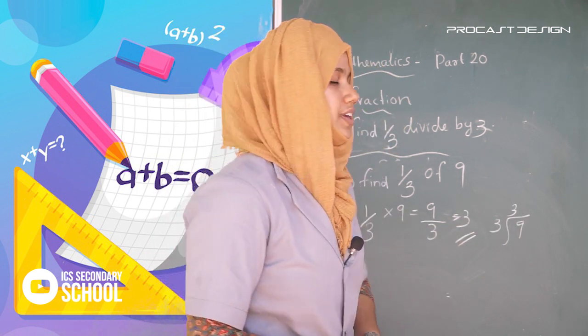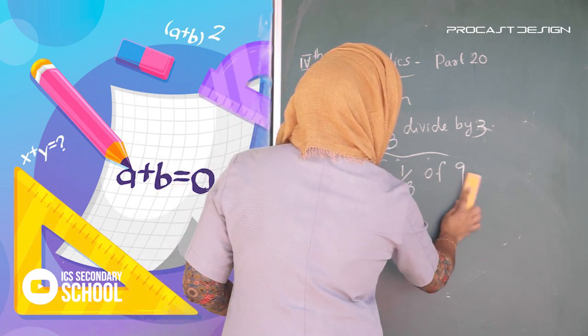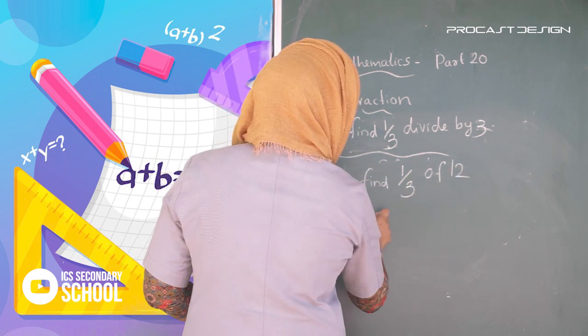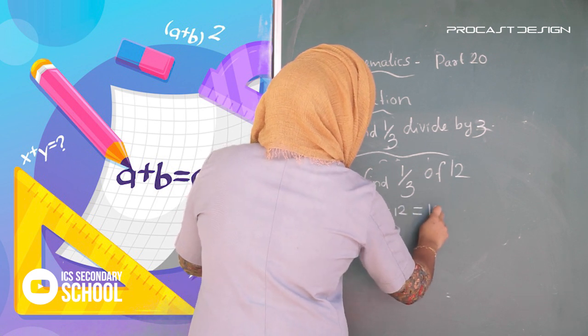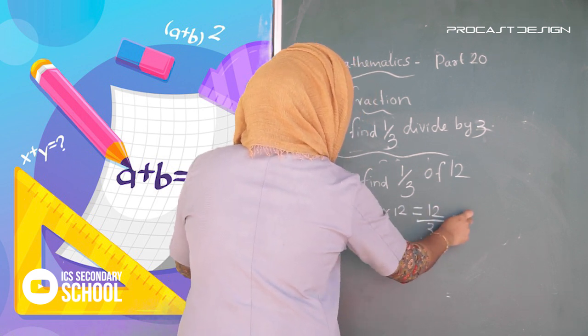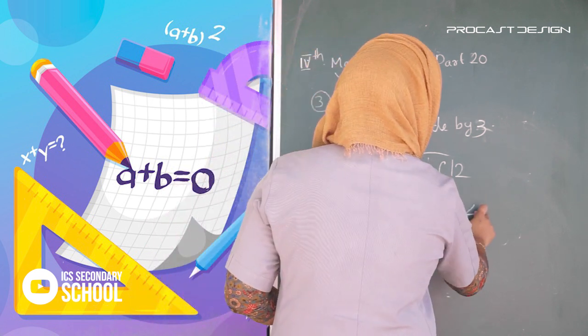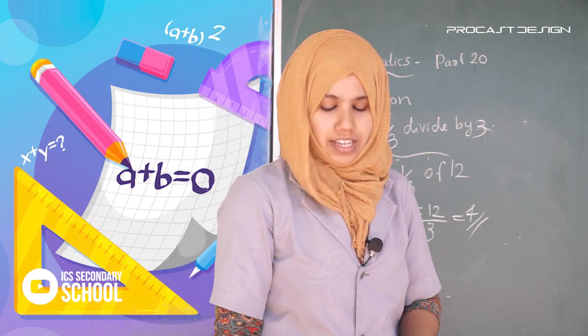Okay. 12. So 12 by 3. How many 3's in 12? Yes, 4. Okay. Is it clear?